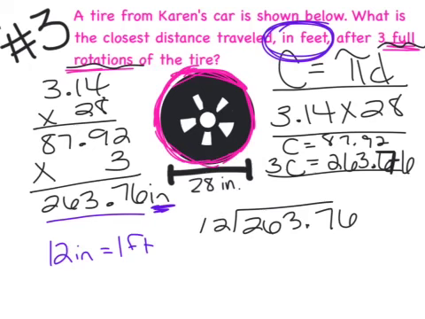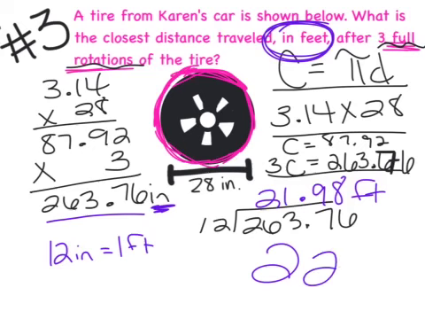Now, I'm not going to do that because that's going to take forever long. But once you divide that, it's going to give you 21.98 feet. And if you look, that is super close to the 22 feet. That is answer B. So I'm going to go with answer choice B.